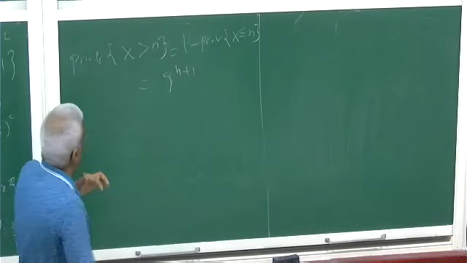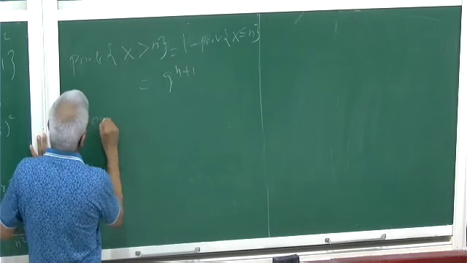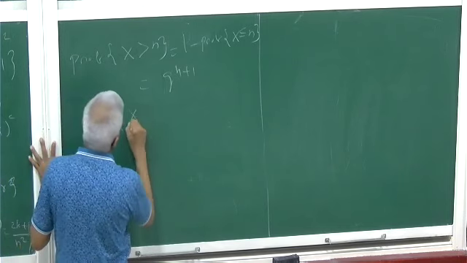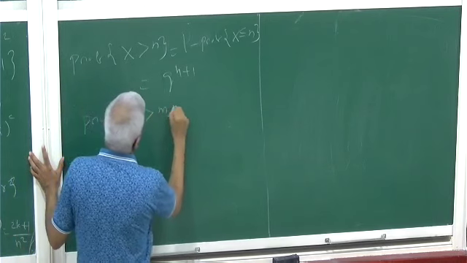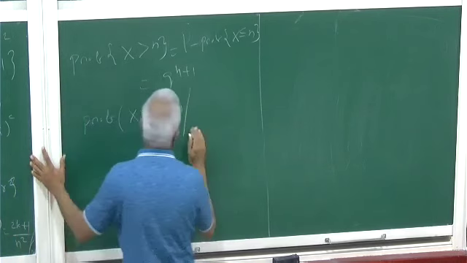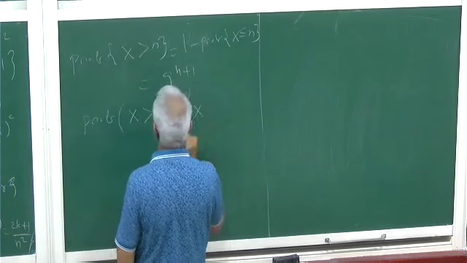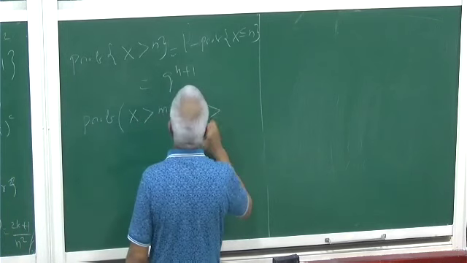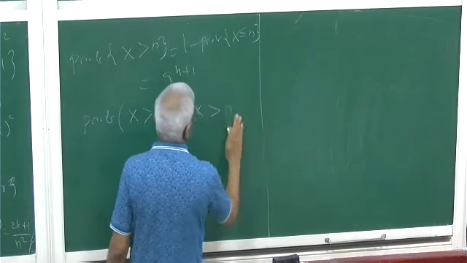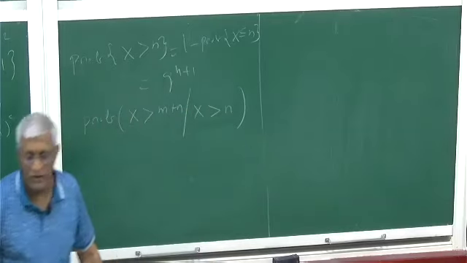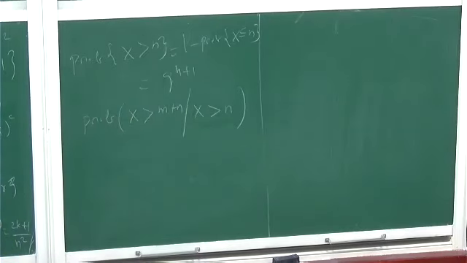Now you want to compute the probability of x greater than m plus n, given that x is greater than n. You know that x is greater than n; till n, you have got only tails. So what is the probability of x greater than m plus n?